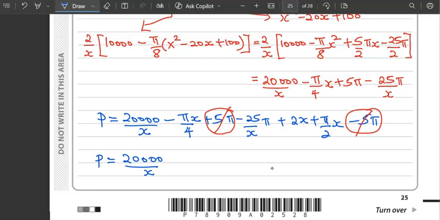We can start with the first, minus 25 over x pi. Then let's find out, of course, this one we can use a calculator for, just a quick one.